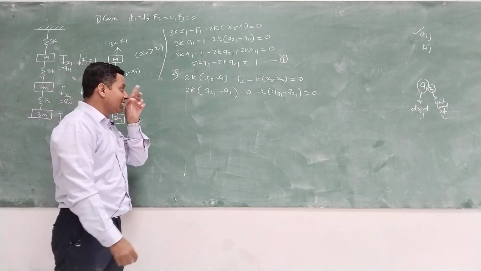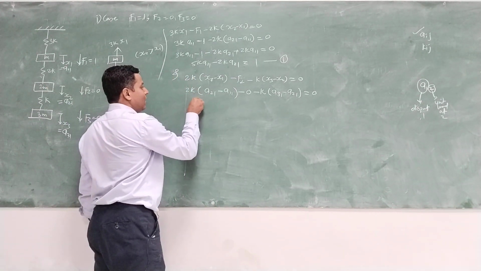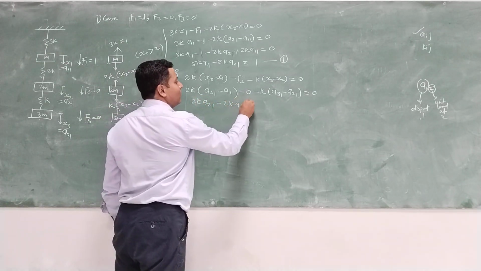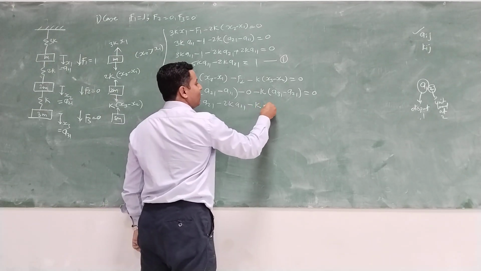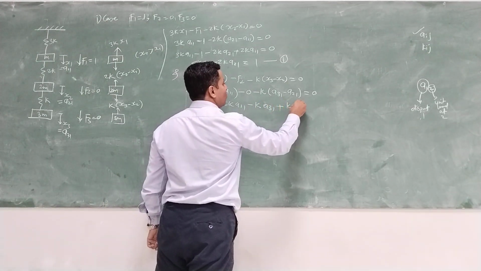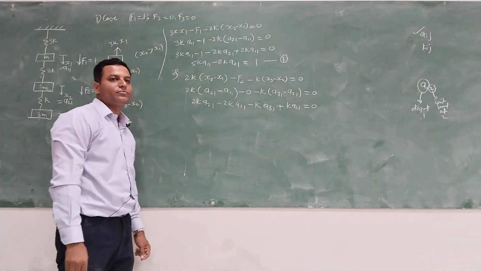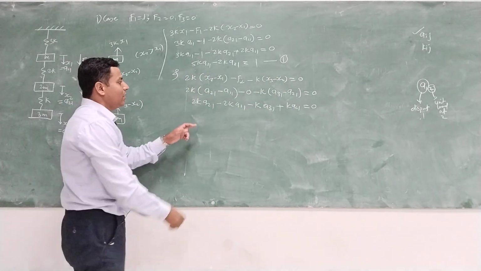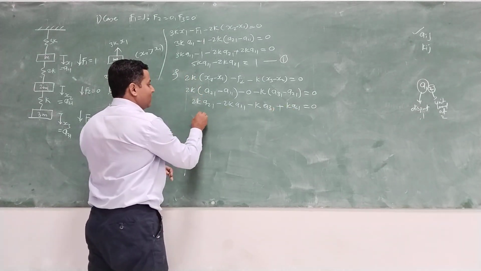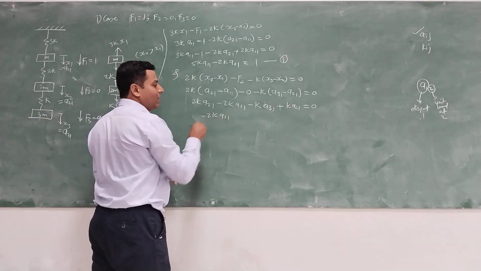We will rearrange the terms. 2k a21 minus 2k a11 minus k a31 plus k a21 equal to 0. See what the common terms are, a21, a21. The first one will be minus 2k a11.